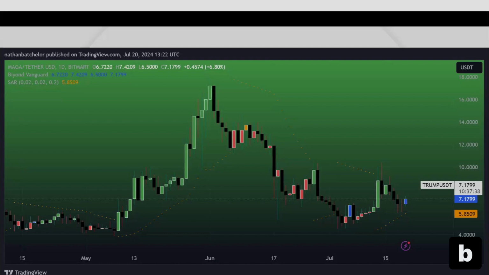So when we're above the dots, and again, if we start to trade below them, it could be a warning to take some profits off the table. So again, for a coin that you suspect is going to make a lot of money in future, or is about to make a lot of money, this could be a good indicator to attach.